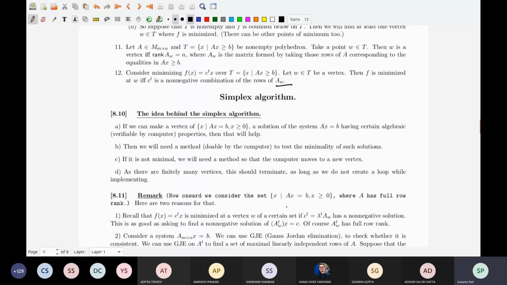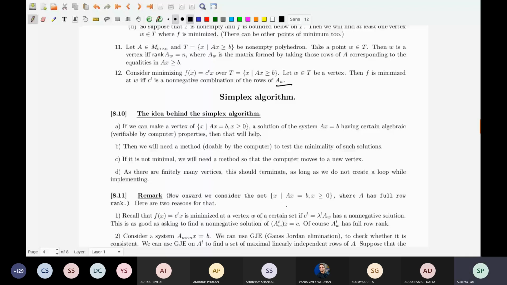How to test whether I am at a vertex? Second, if I am at a vertex, how to test whether it is a minimal vertex or not? And if it is not a minimal vertex, in what way should I move to get another vertex? If those things can be done, then in finitely many steps I will reach the minimum solution. So that is the idea behind the simplex algorithm.